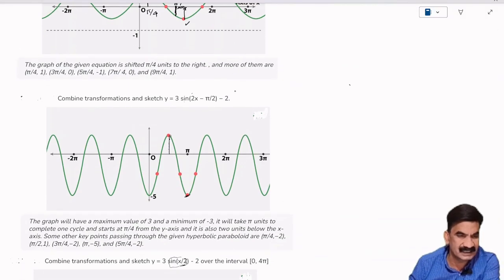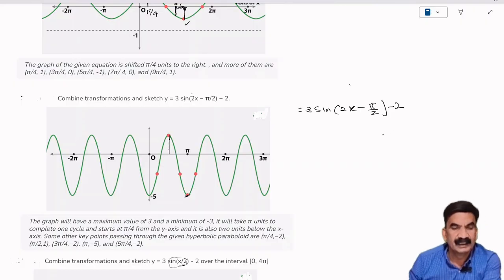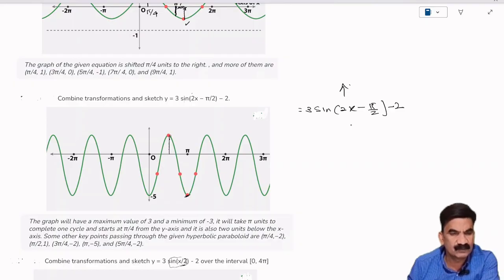We need to sketch this graph. The function is 3 sin(2x − pi/2) − 2, and the function is f(x) or y, whatever. Let's check what is the maximum value that this can have. Obviously, the maximum value of sine is 1, and it would be at pi by 2.